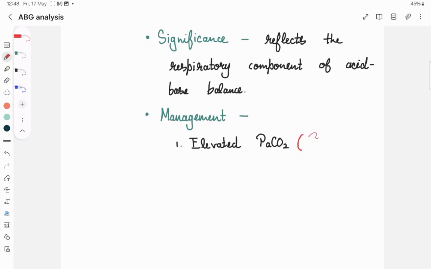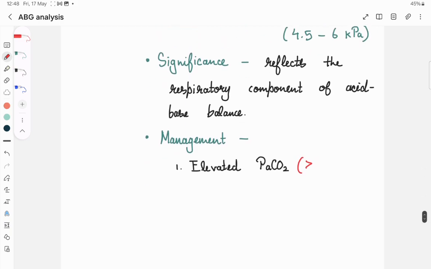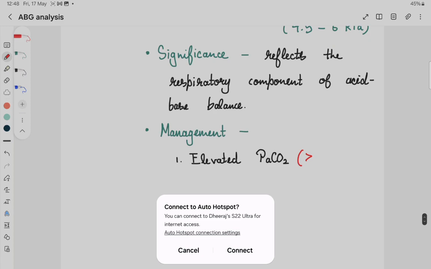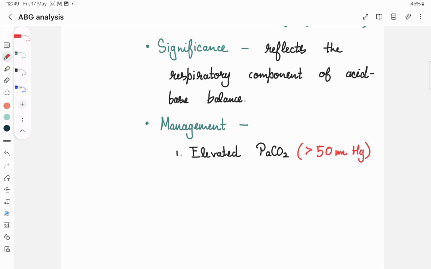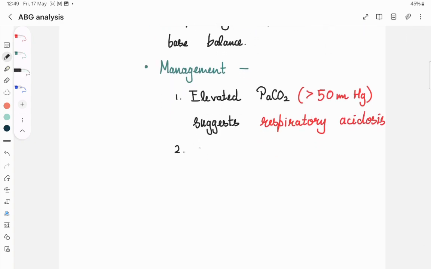First, elevated PaCO2. Elevated PaCO2 is when the partial pressure of CO2 is more than 50 mmHg. And what does it suggest? Elevated PaCO2 suggests respiratory acidosis.